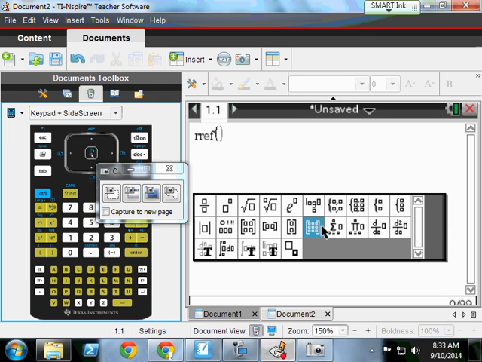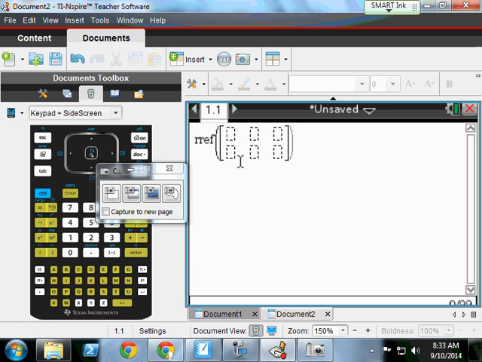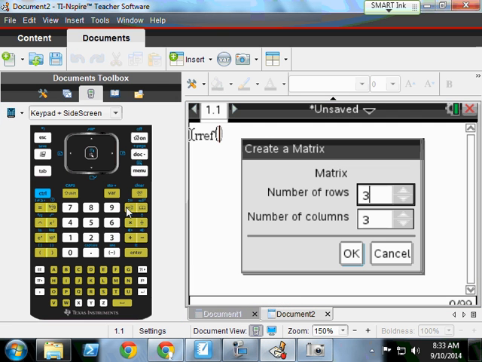And then I need to change the dimensions to 2x3. And then I need to put in my stuff. Does anybody have that matrix handy? What was it? RREF, parenthesis, matrix, 2x3.